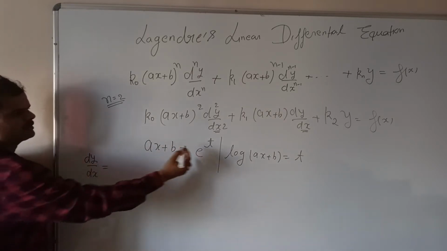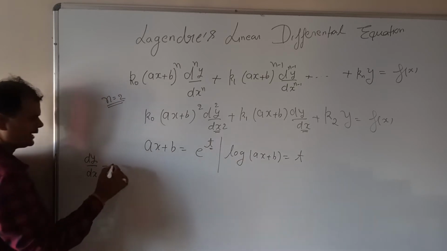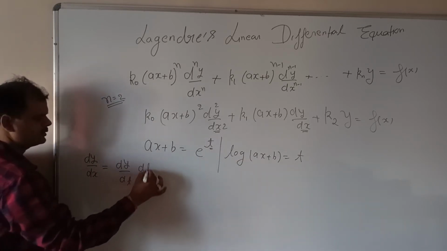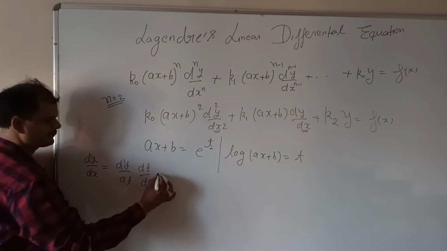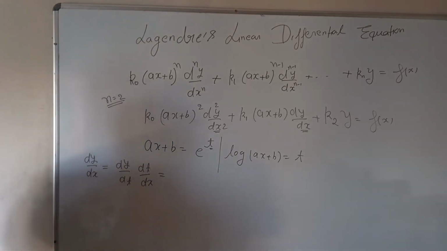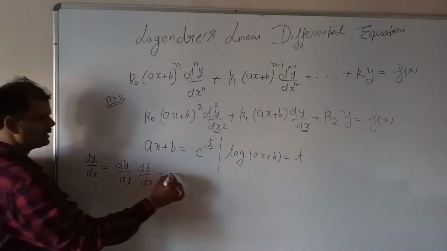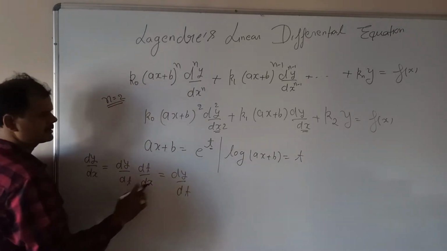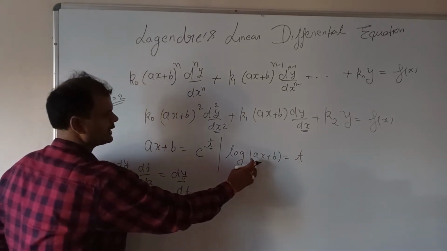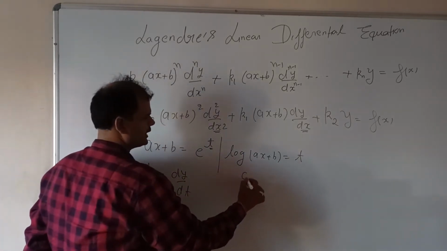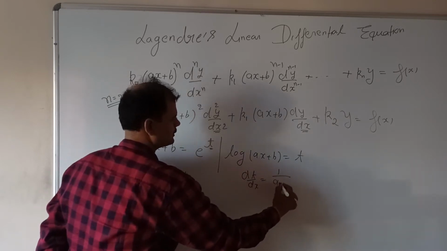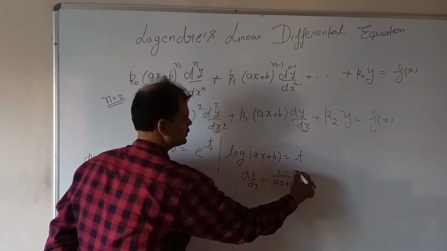We are introducing the t variable in the place of x, so we can write dy by dt into dt by dx. dy by dt stays as it is, and t equal to log (ax plus b), so dt by dx means 1 upon (ax plus b) into a.